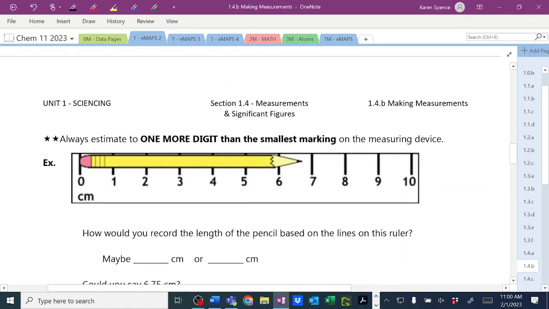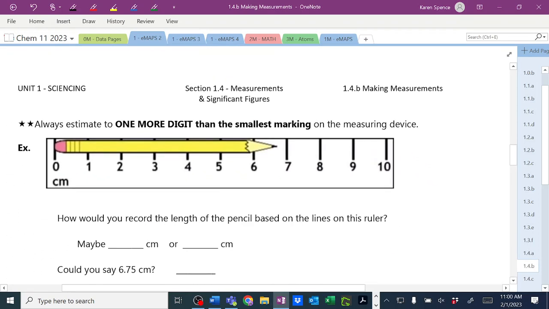All right, so always estimate one more digit than the smallest marking on the measuring device. What is our smallest marking here on this ruler? Here it is, the 1 centimeter.